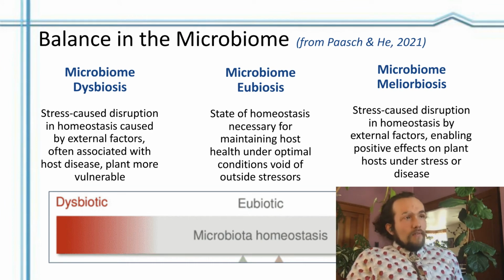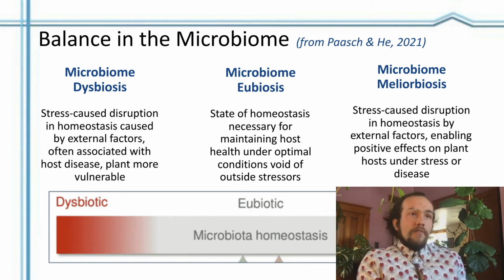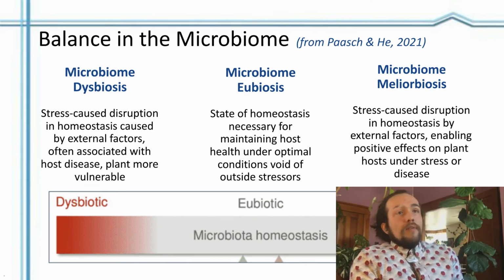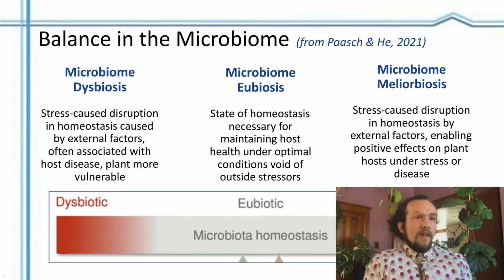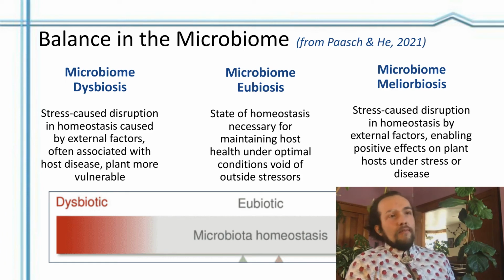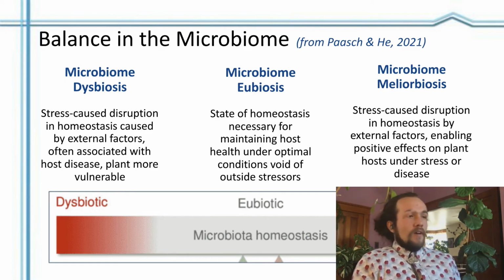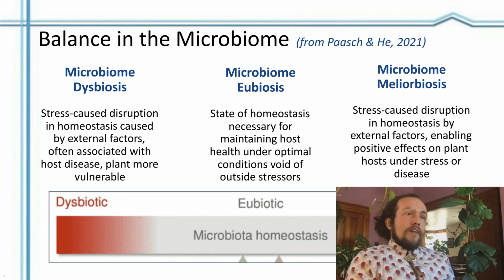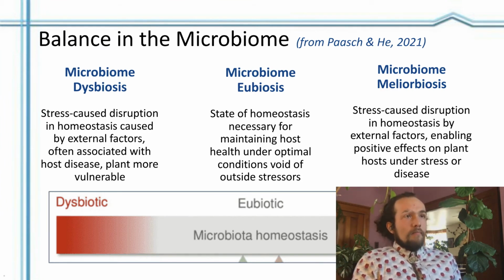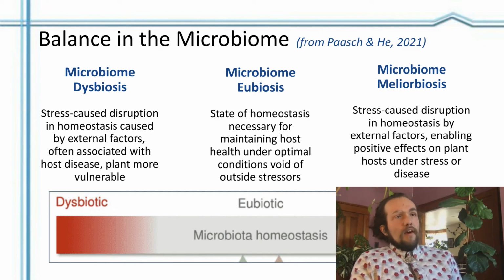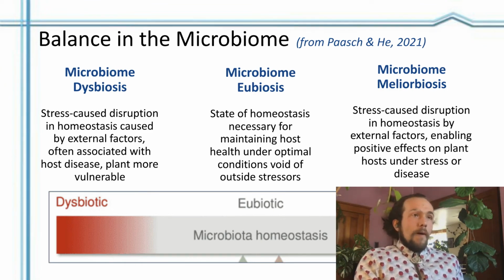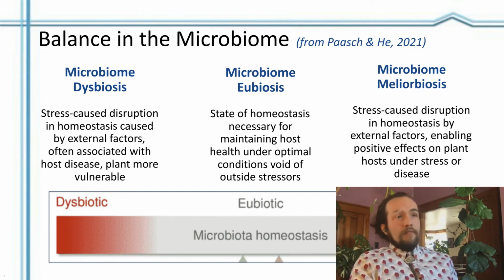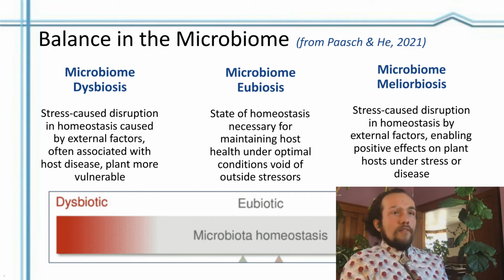Microbial eubiosis, also called homeostasis, is a balance or equilibrium between different elements in the system, so the plant host and then positive or negative plant benefiting microbes are also kind of in balance with one another. And then this paper also defined a new term called malariobiosis, which is after a disruption is caused in the homeostasis of the microbiome, things shift in such a way to cause positive effects on the plant host under stress or disease.